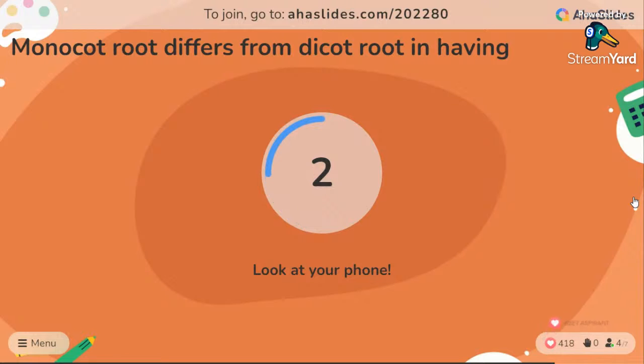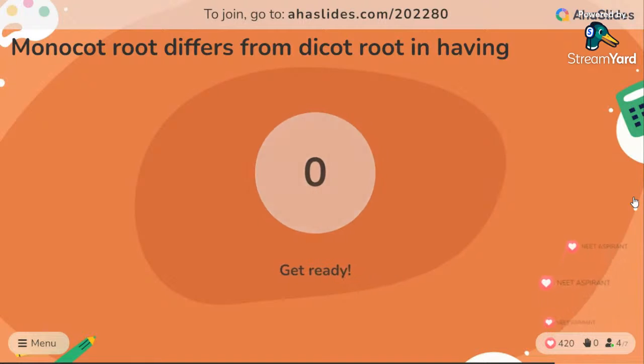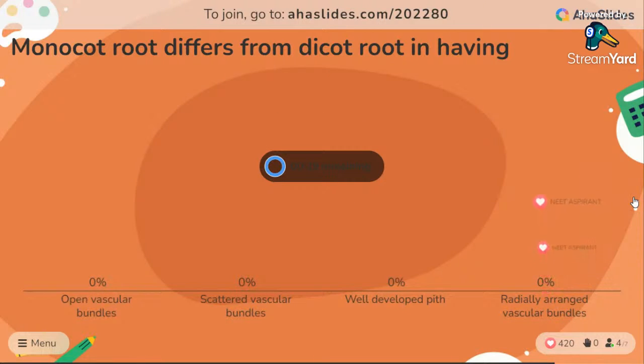Monocot root differs from dicot root in having open vascular bundle, scattered vascular bundle, well-developed pith, radially arranged vascular bundle.